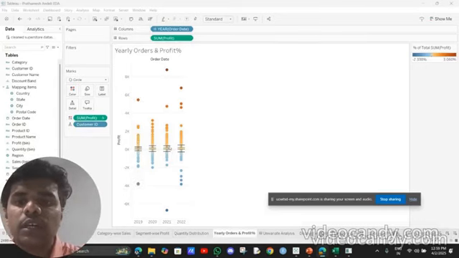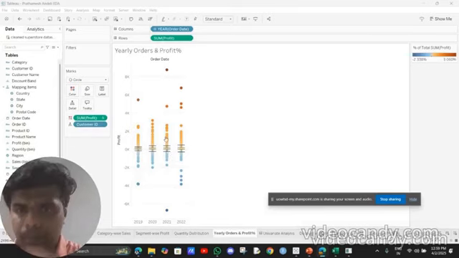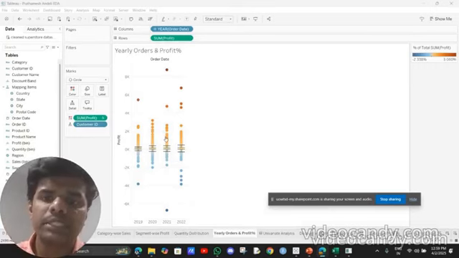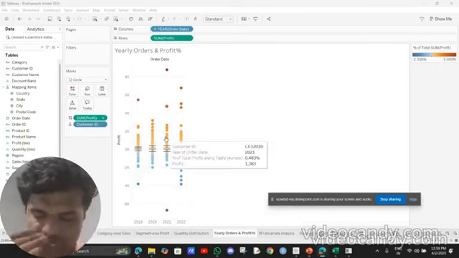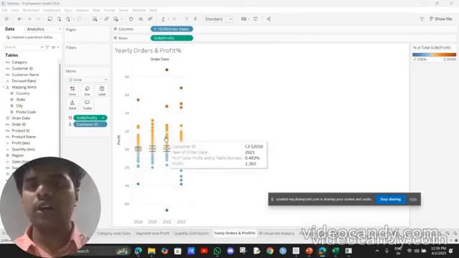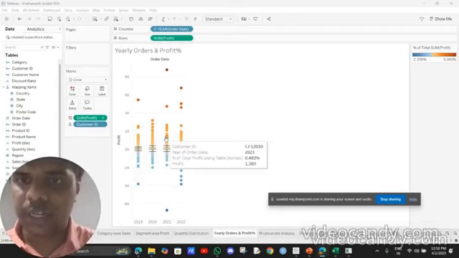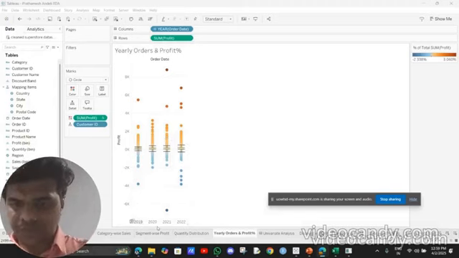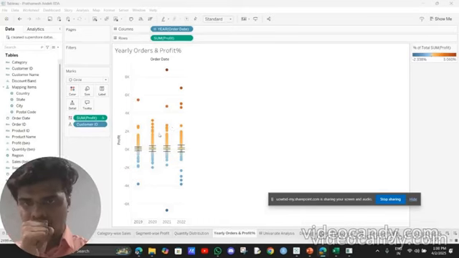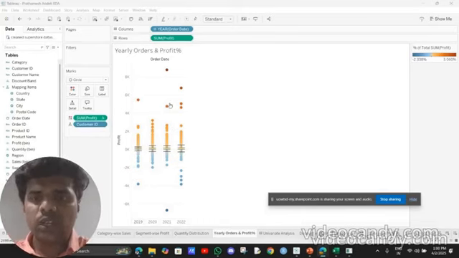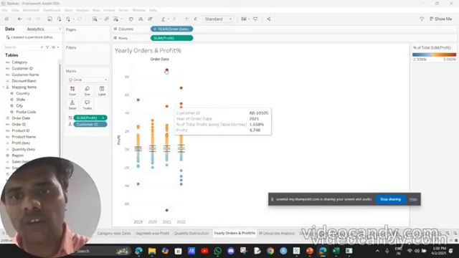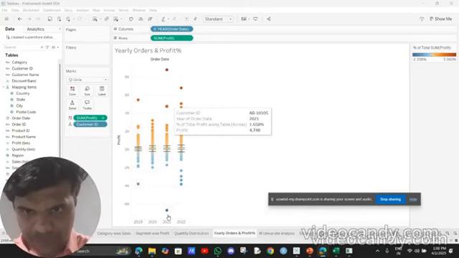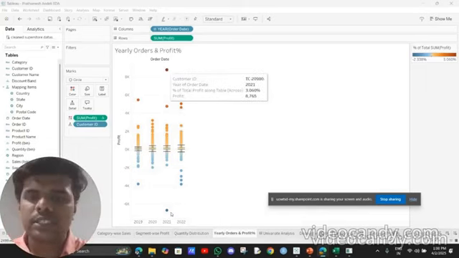This box plot is showing the number of transactions which made profit for the retail store. And here we can see that in 2021 there are two occasions where there is very high profit and very high loss.